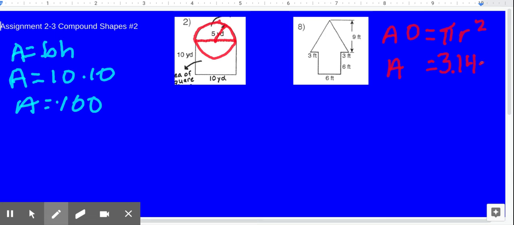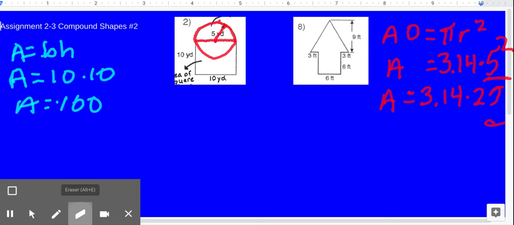So that's 5 squared. So area equals 3.14. Now remember, when you square a number, that means you multiply it by itself. So when I say the radius squared, 5 squared, I'm not saying 5 times 2, I'm saying 5 times 5. So that would be 25.